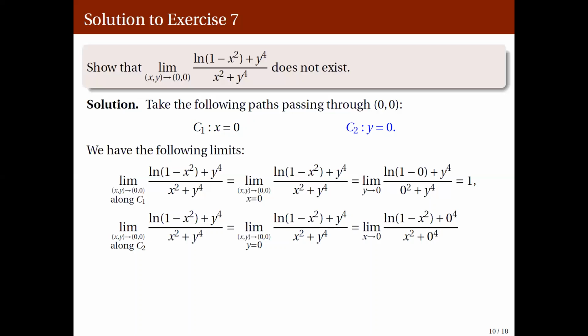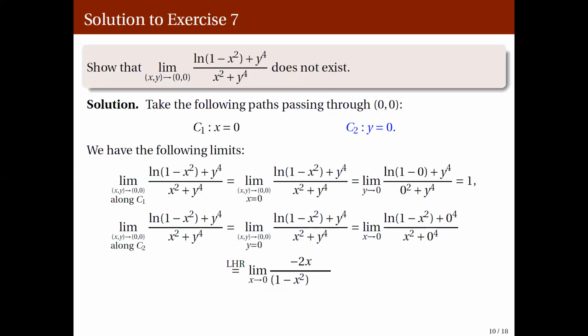Well, kung hindi man kayo fan nun, okay lang. Hopefully ay fans kayo ng L'Hopital's. Ayan. So L'Hopital's makes its first appearance in Math 23. Ayan. Hopefully naalala, taking the derivatives of numerator and denominator, respectively, gives us this limit. The numerator has derivative 1 over 1 minus x squared times negative 2x, like this.